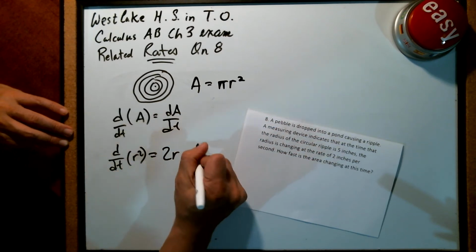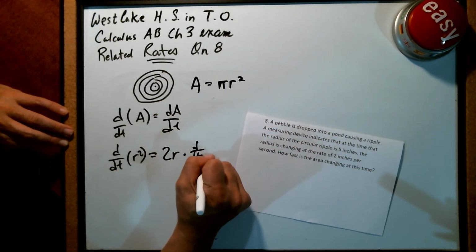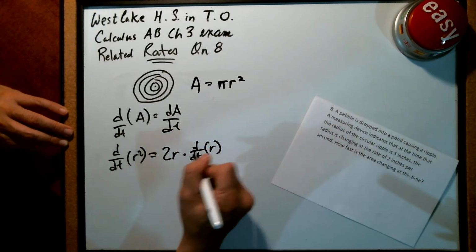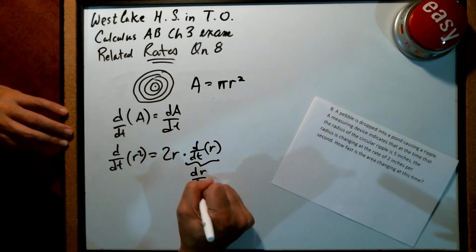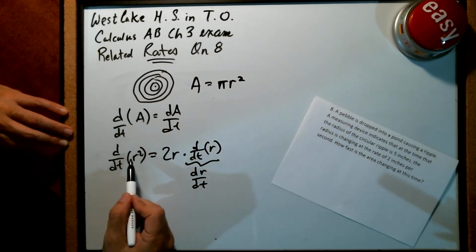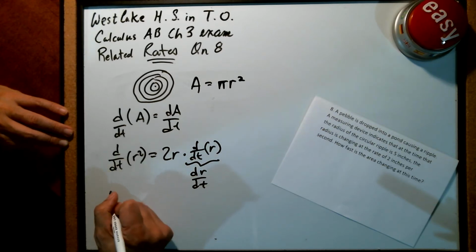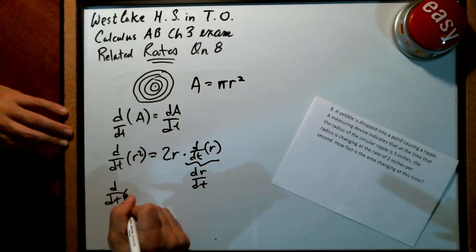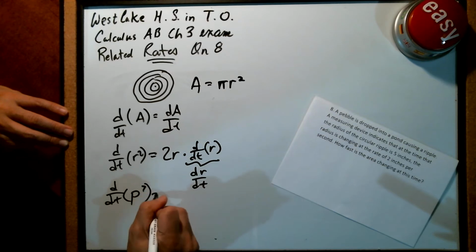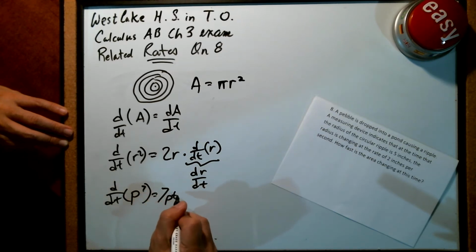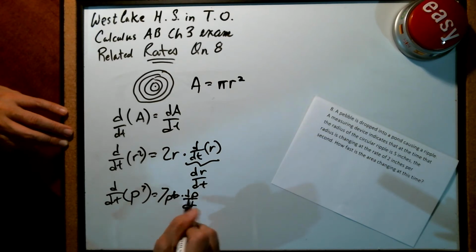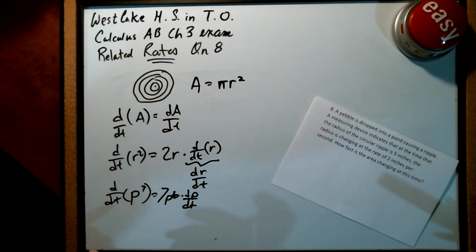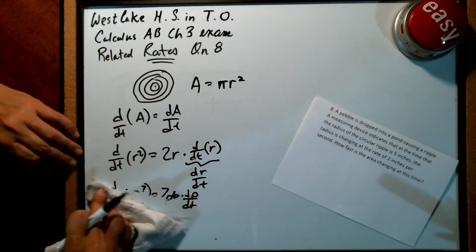The derivative with respect to time of r is just going to be dr/dt. So don't forget, if you take the derivative with respect to time of p to the 7th power, it's going to be 7p to the 6th times dp/dt. That's the chain portion right over there. So that's some information that's kind of useful at this stage.